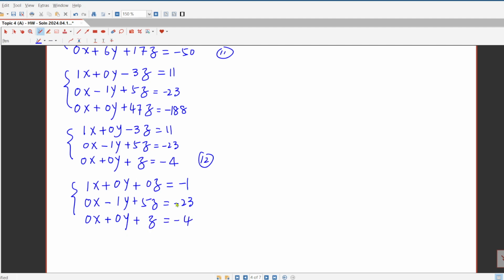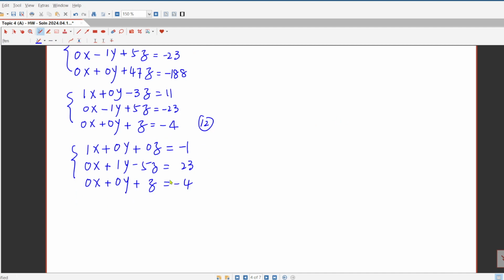And of course, we can multiply both sides of the second one by -1. So this will change the sign here to positive 1, right? Then -5z, then positive 23.